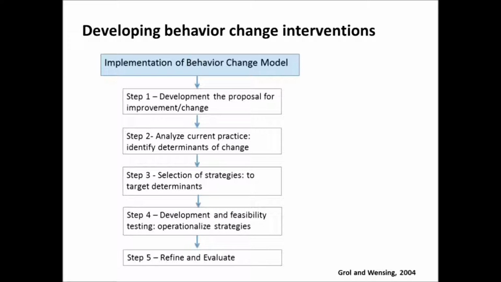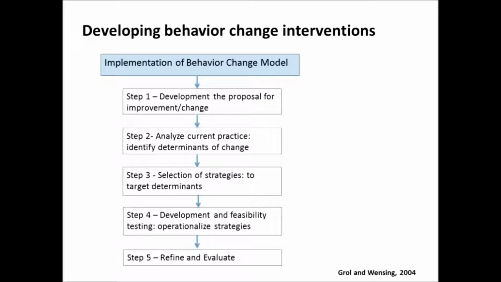In step three, the point is to actually select strategies that might target those barriers and facilitators you've identified in step two. So this is sort of the meat of it, steps 2 and 3. Identify the issues, target the issues.